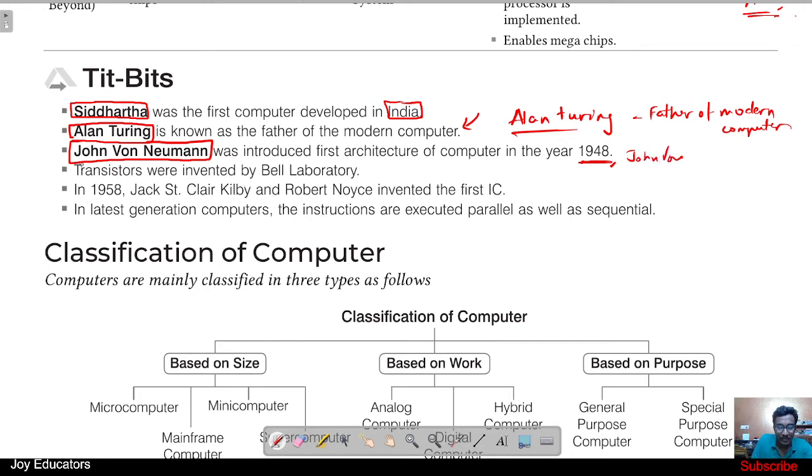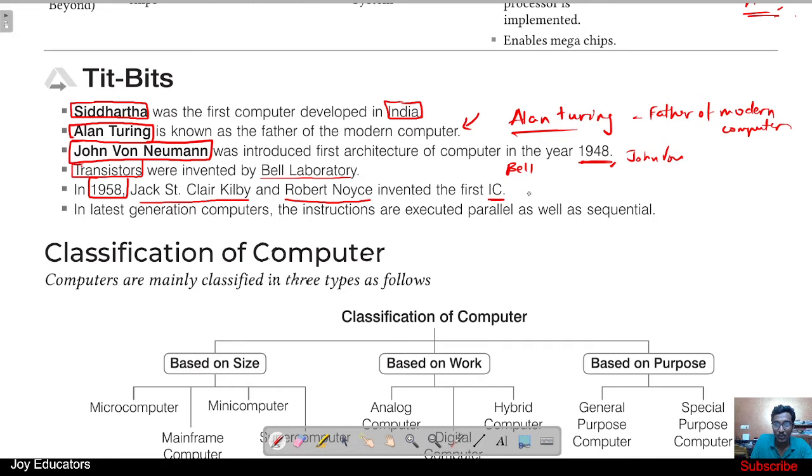I also told you about transistors, right? Transistors were invented by Bell Laboratory, and in 1958, Jack Kilby and Robert Noyce invented the first IC, integrated circuits.